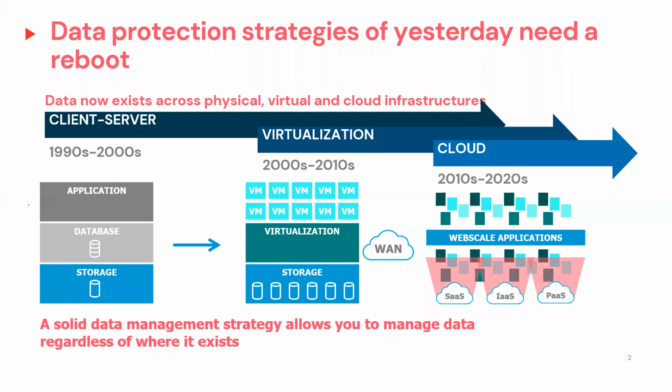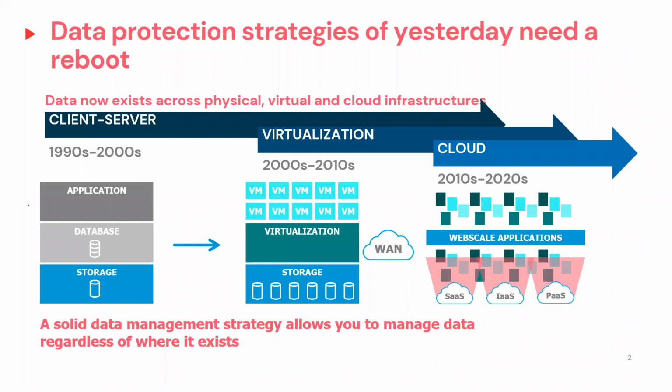If customers want to deploy a backup solution for the left, they have to buy solution A. If they want a solution for virtualization, they have to deploy solution B. If they want to back up cloud, they have to buy solution C. Different products in an environment is not good.